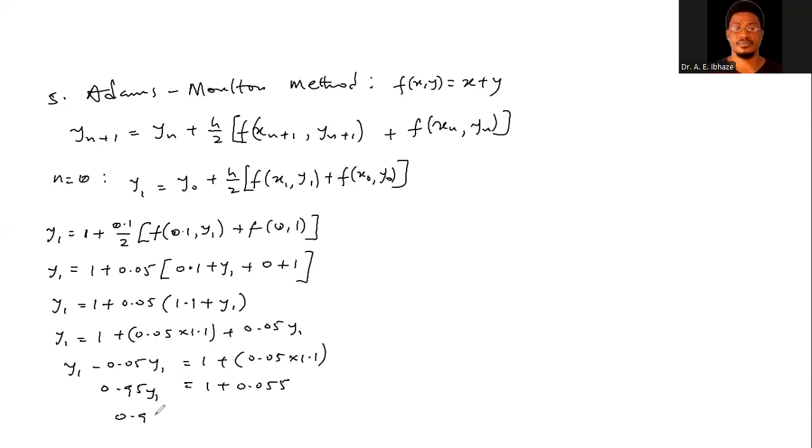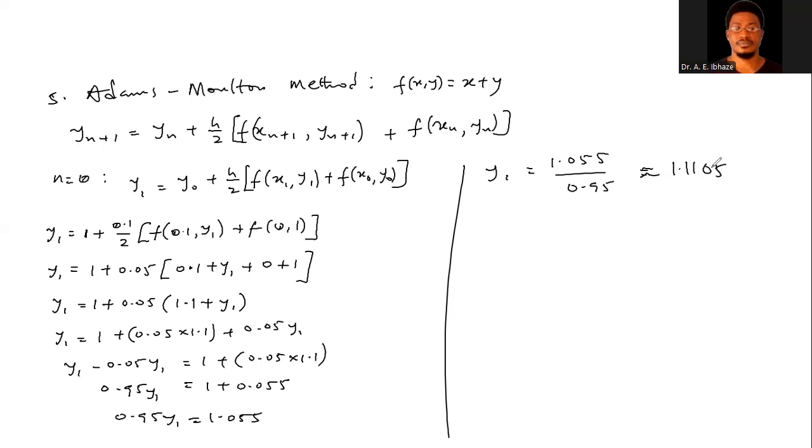And 0.95 y1 will be the same as 1.055. So y1 will be the same as 1.055 divided by 0.95. That will be approximately 1.1105, which is the same as we derived using the single-step method, 1.1105.